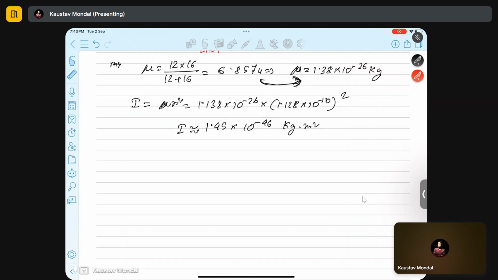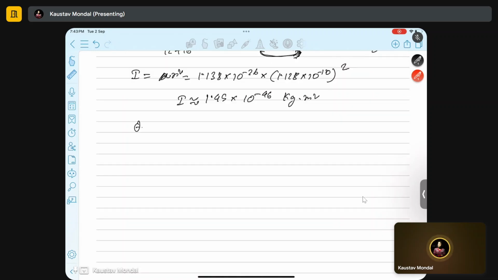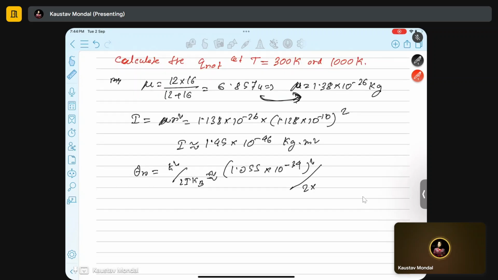So that means theta, the rotational temperature, will become h cut square by 2I kB, which is almost equal to 1.055 into 10 to the power minus 34, that whole square, into 2 into the I value we have calculated, 1.45 into 10 to the minus 46, into kB, the Boltzmann constant, 1.38 into 10 to the power minus 23.